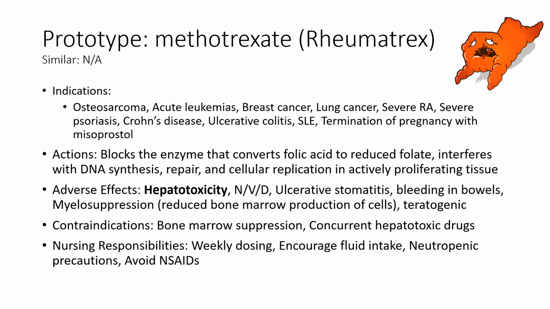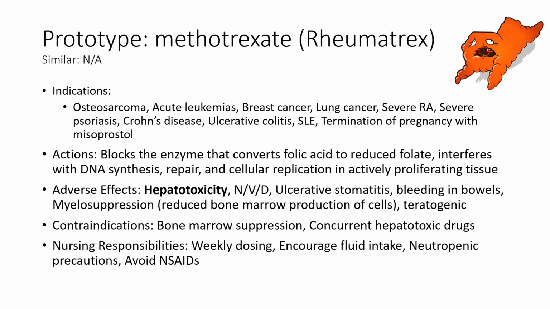And in terms of terminating a pregnancy, well, it stops rapidly dividing cells, and that's what an embryo or a fetus is. It's a rapidly dividing organism, right? So it blocks the enzyme that converts folic acid to another form of folate.